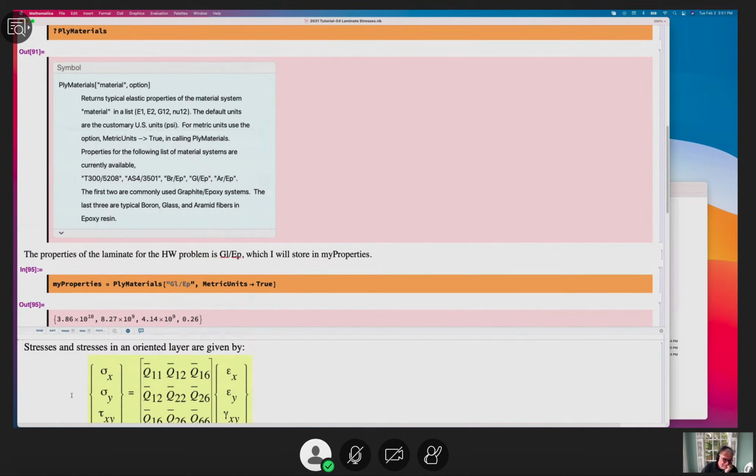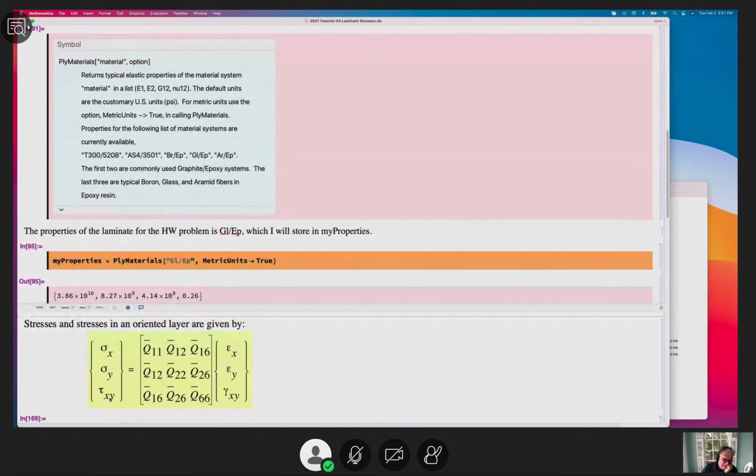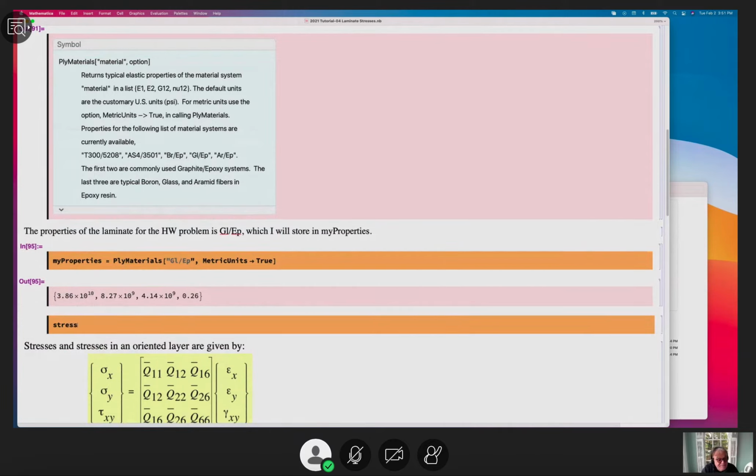So we have this sigma x, sigma y, tau x,y given. We're going to be computing these. So what else is given? Stress state at A, and for zero orientation.